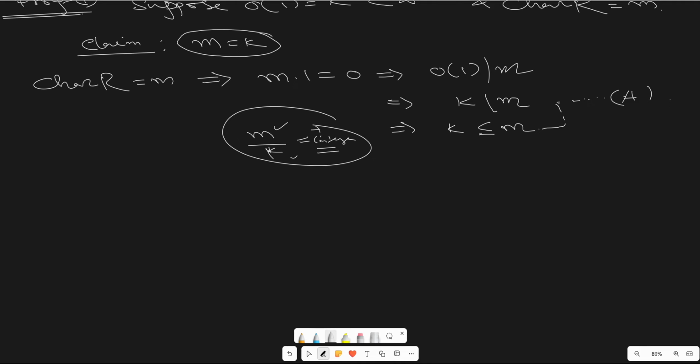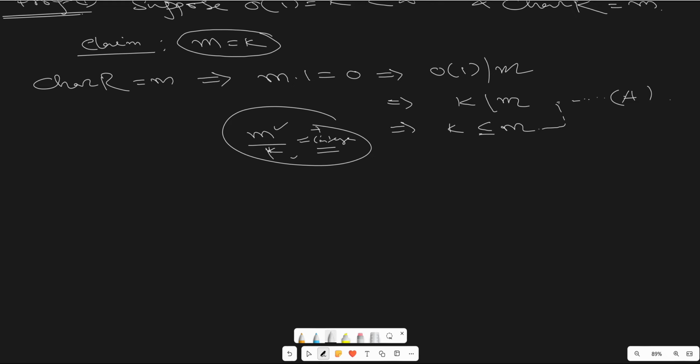Now what can you say about the characteristic? How can you proceed for the other part? You have to show that k is less than or equal to m.